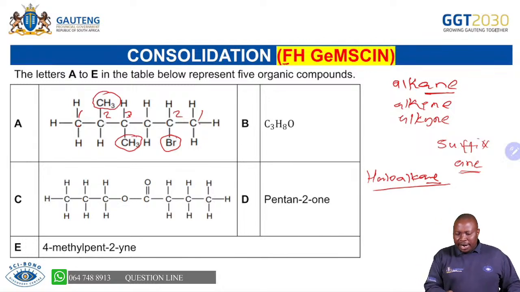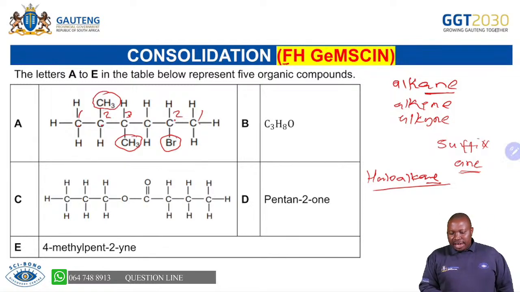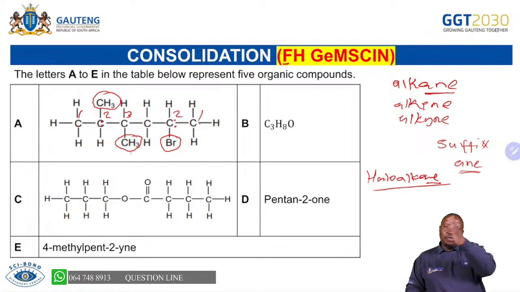Carbon number 2 and carbon number 2 both have substituents, because our substituents are halogens and alkyl groups, which are methyl and ethyl. So we agree that we have a substituent in carbon number 2 and a substituent in carbon number 2. But in carbon number 3, we have another substituent. So we have a site that is mostly substituted, and that is the site that must be preferred in terms of numbering.